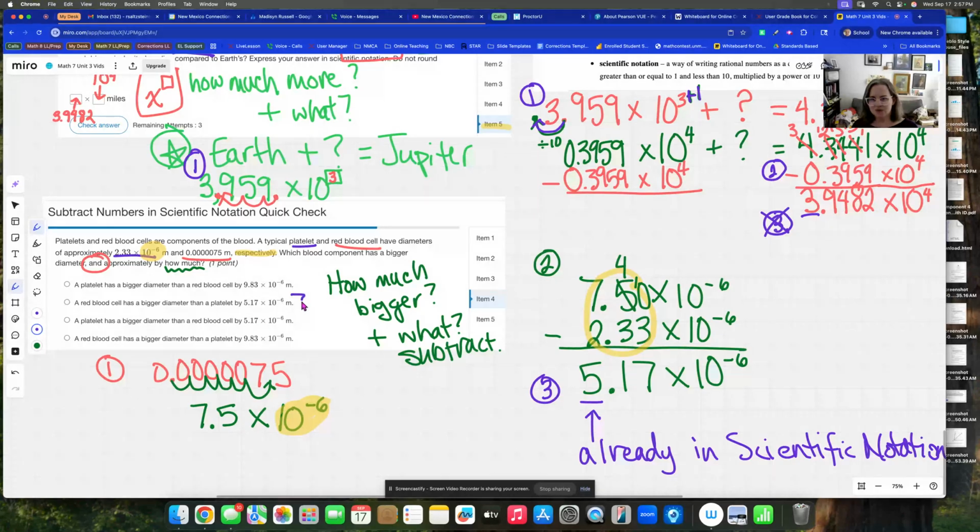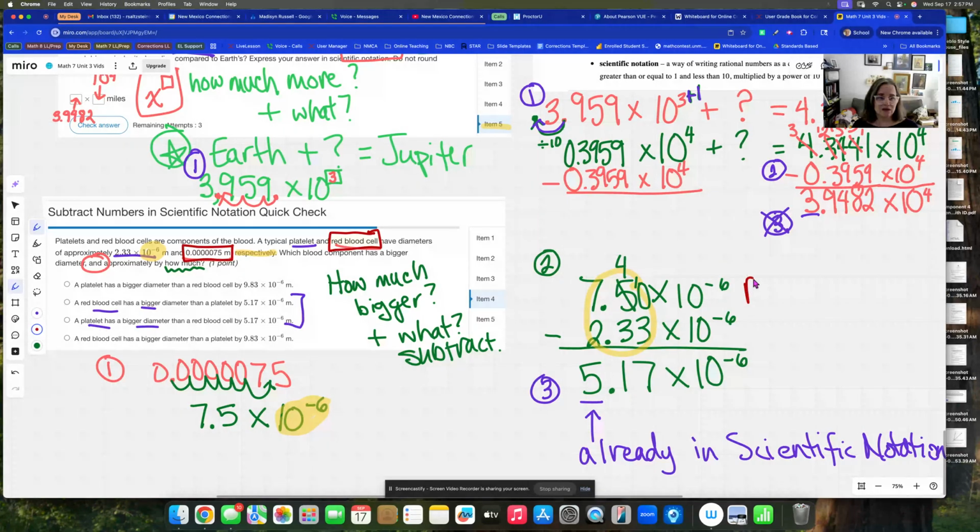I've got 2 with that answer, so let's read the other part. Is the red blood cell bigger or is the platelet bigger? Let's go back to the problem and reread. I told you that respectively thing was going to be important, and it is. So which one is the red blood cell? Remember, the red blood cell was the second thing they named, so it goes with the second number they wrote.